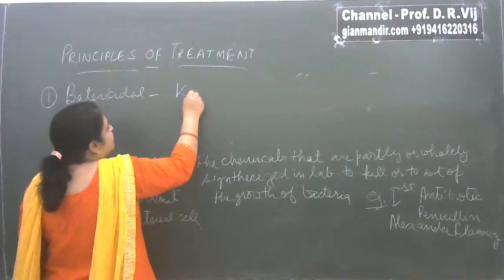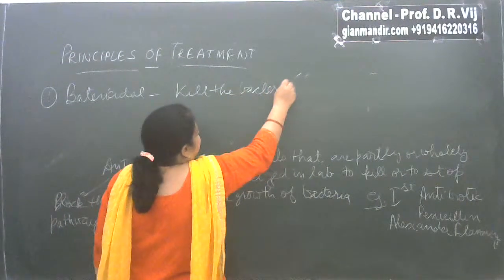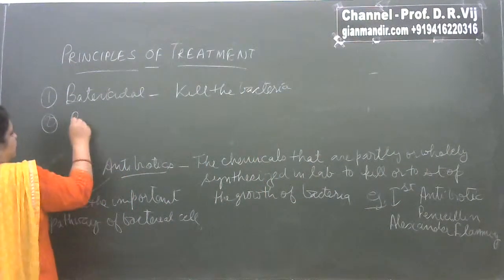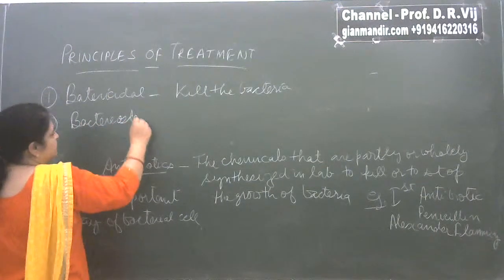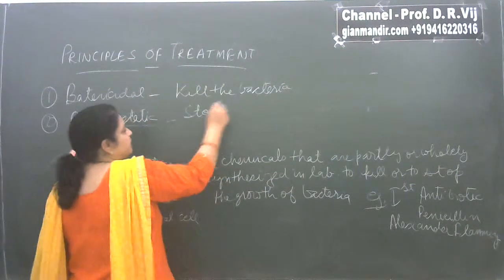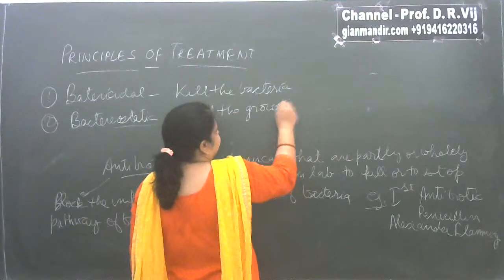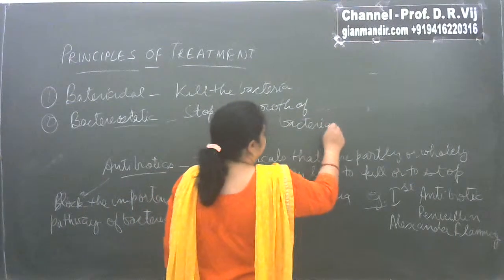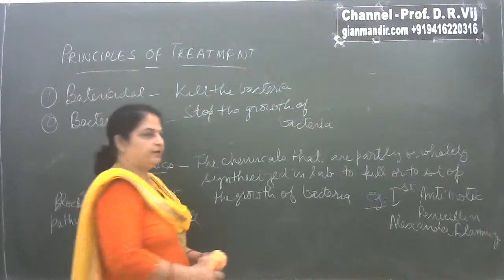These are the antibiotics that kill the bacteria, whereas others are bacteriostatic. They stop the growth of bacteria. They do not kill, but they stop the growth of bacteria. In this way, the antibiotics act against bacteria.